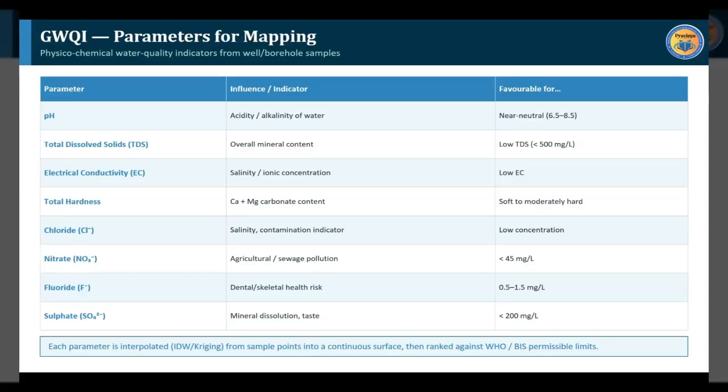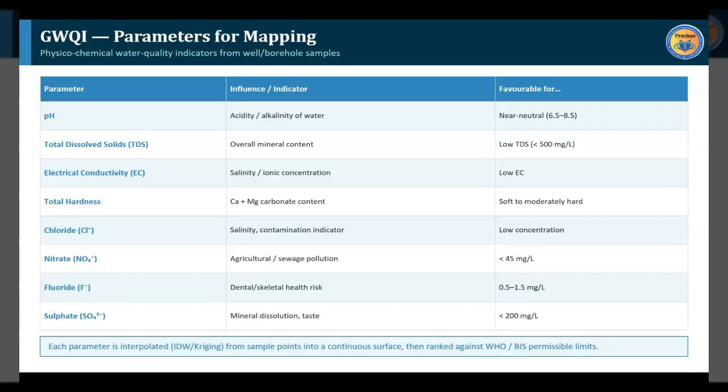Here are the parameters. Now, unlike recharge mapping, where our inputs were terrain and geology layers along with rainfall, other kinds of parameters that were obtained in the laboratory also come into the picture.